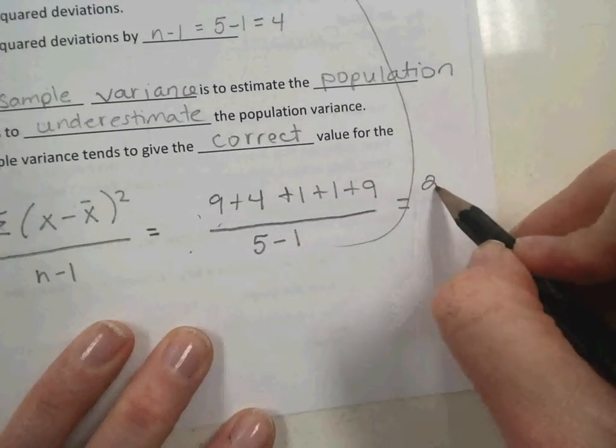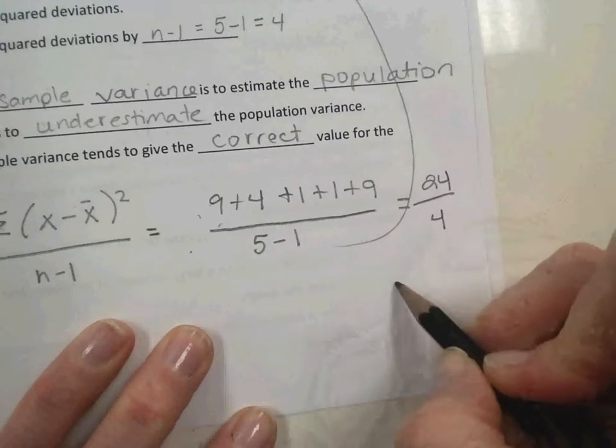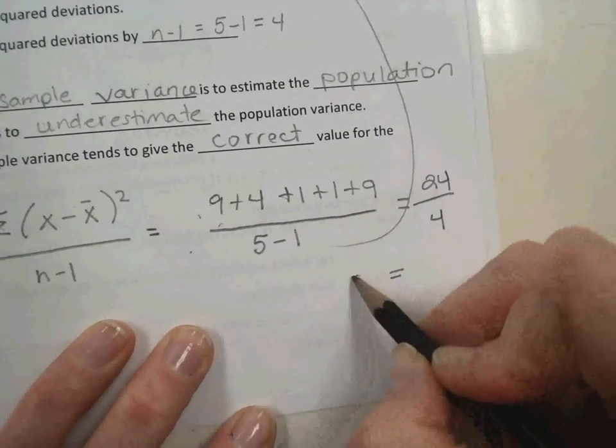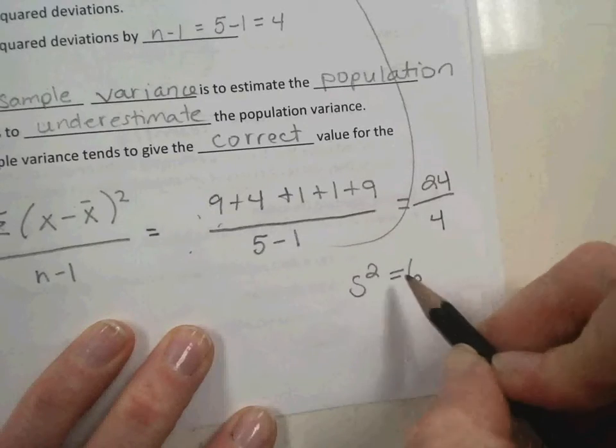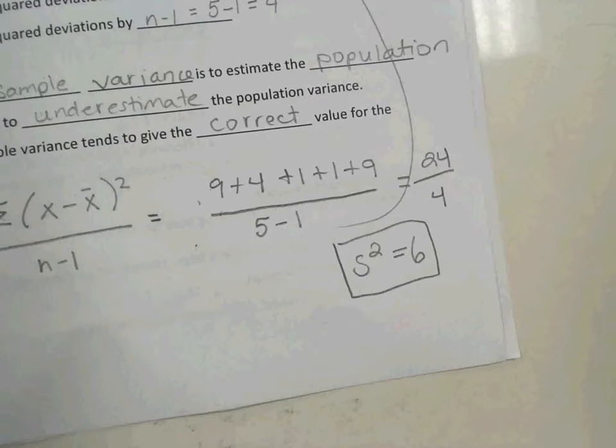When you add all these up, we get 24. We're going to divide by 4, and we get a value of s squared equals 6. So my sample variance for team 1 is 6.